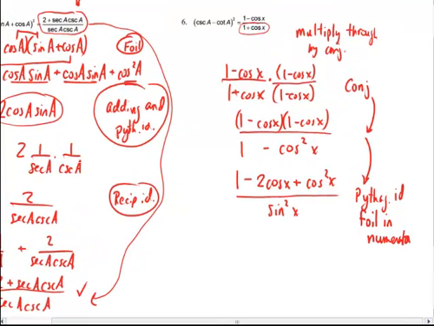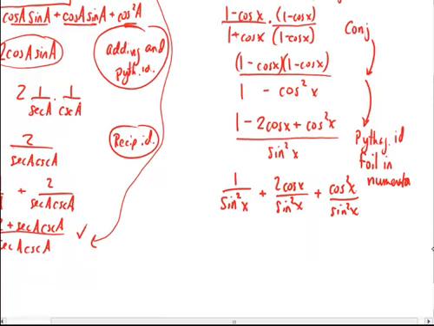Rewrite everything as a separate fraction. We have 1 over sine squared of x, 2 cosine of x over sine squared of x, and we have cosine squared of x over sine squared of x. Now in the next step, I'm going to rewrite this as cosecant squared of x.